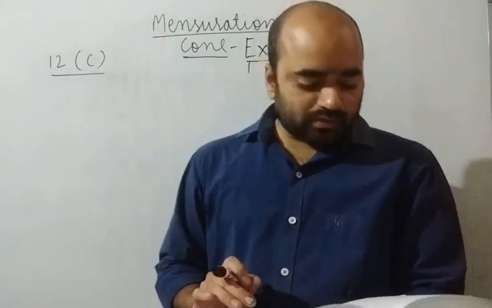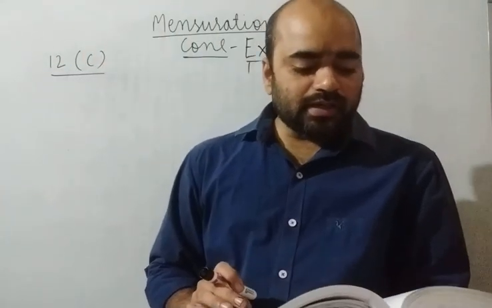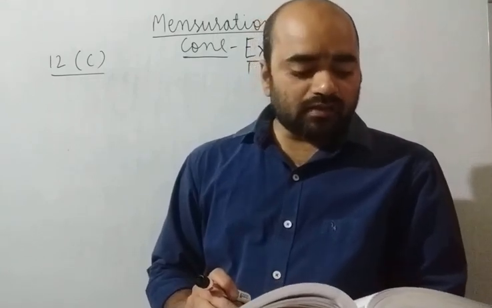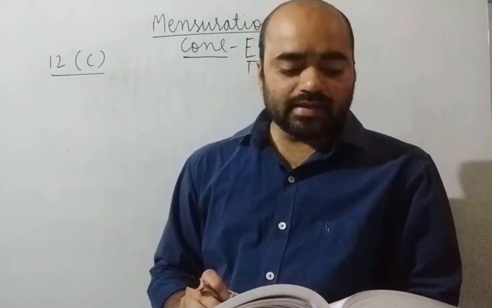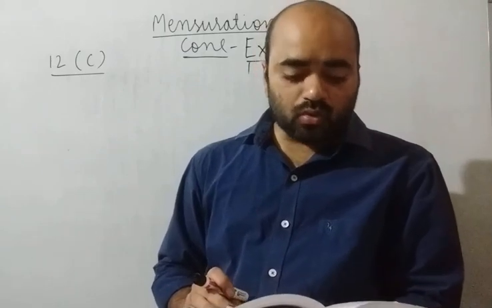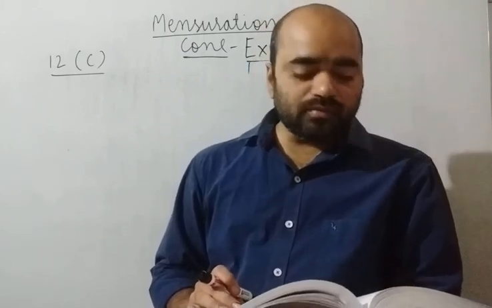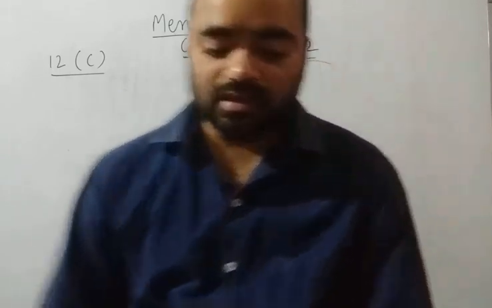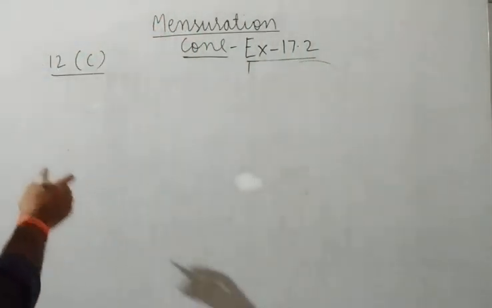So next is 12C part. The height and the radius of the base of a right circular cone is half the corresponding height and radius of another bigger cone. Find the ratio of their volumes and the ratio of their lateral surface areas. So it means we are having two cones.